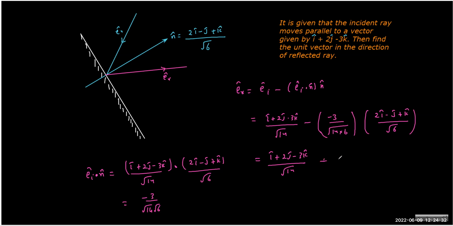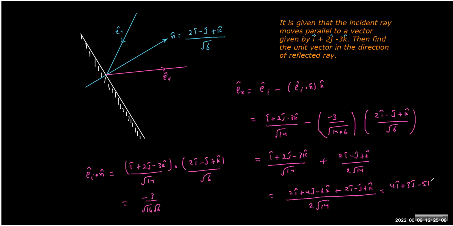And this I can attach plus 2i minus j plus k by 2 root 14, right? Yeah. So you can find the answer. Okay.